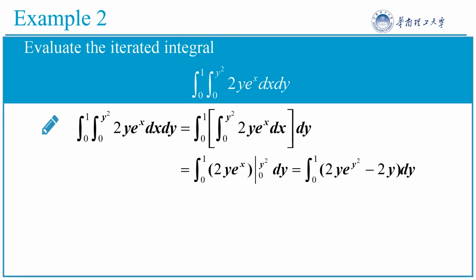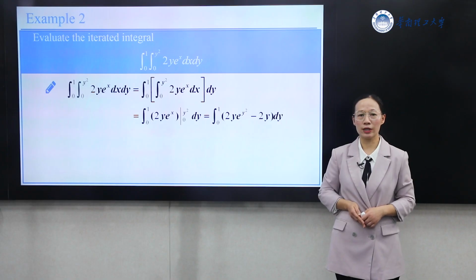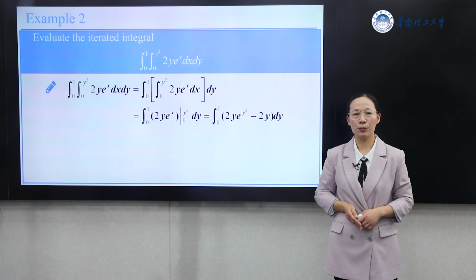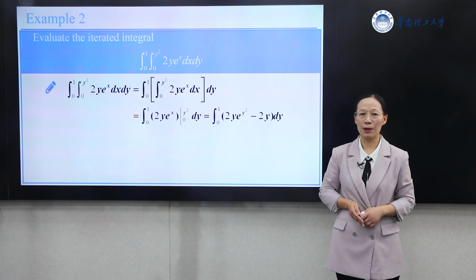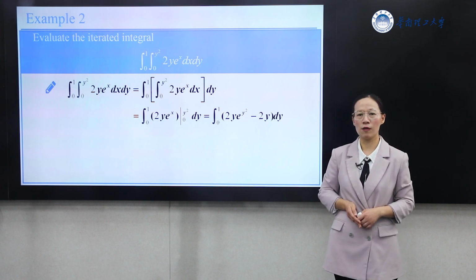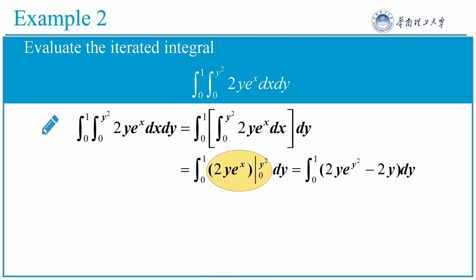The primitive function of the inner integral is double y times e to the power x. Then calculate the difference between the values of the primitive function at the upper and the lower limit of the integral. We obtain double y times e to the power y squared minus double y.